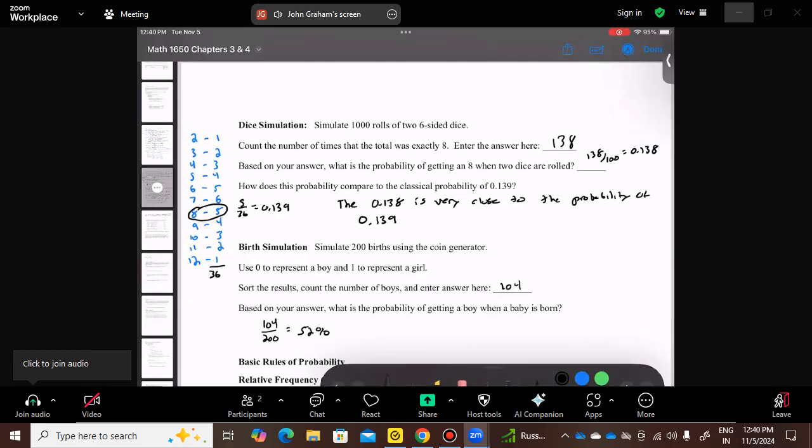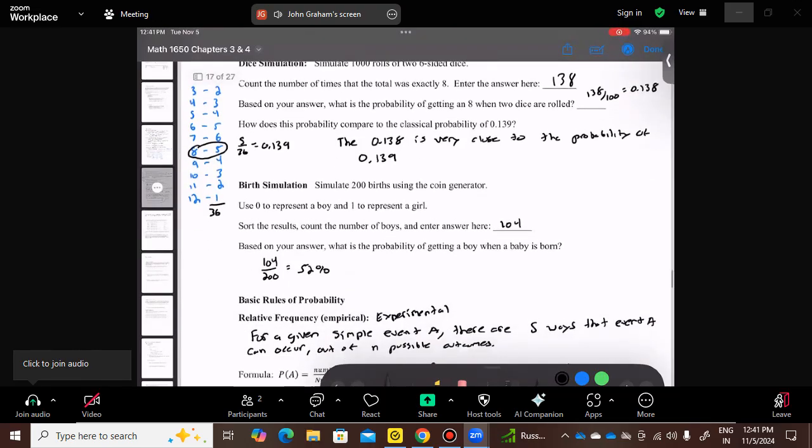1,000 rolls, and you have a probability of 0.138, which is very close to 0.139. Considering that on one roll, you may get an 8, you may not, it's either going to be 0, which is not really near 13.8%, or it's going to be 100%, which is nowhere near 13.8%. So the more rolls you do, the closer it's going to get to the actual probability.